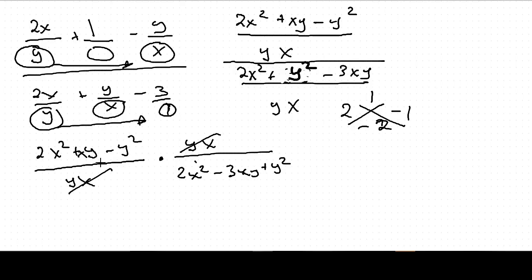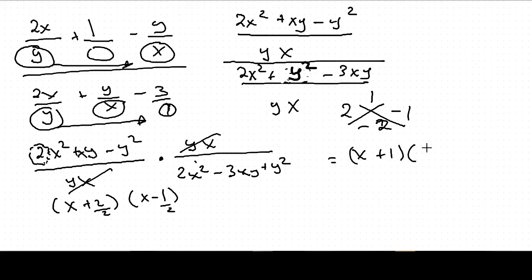When you add them together, you get positive 1, yeah, right? So that's how I'm going to factor that. So this is x plus 2, and then this would be x minus 1, and then I have this number in front, so I have to divide both numbers by that. And so that top factor is going to be x plus 1 times 2x minus 1.